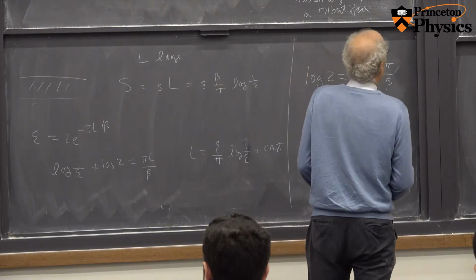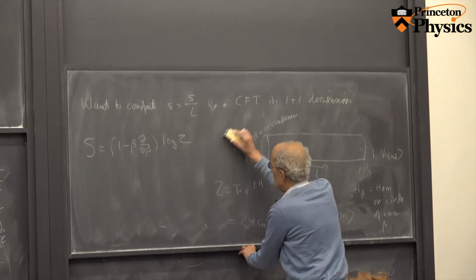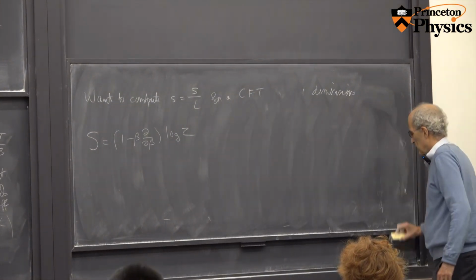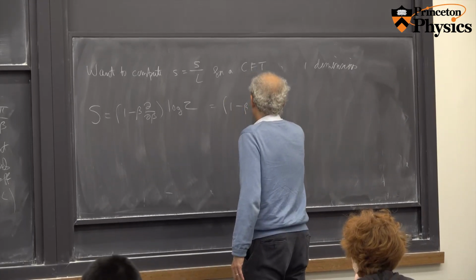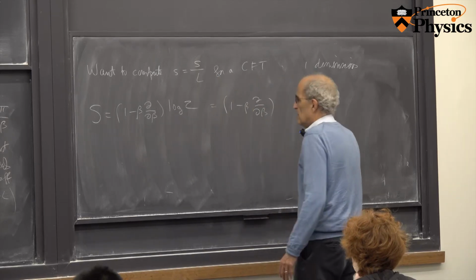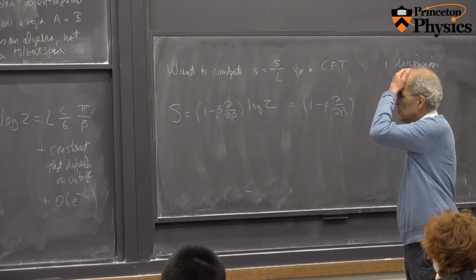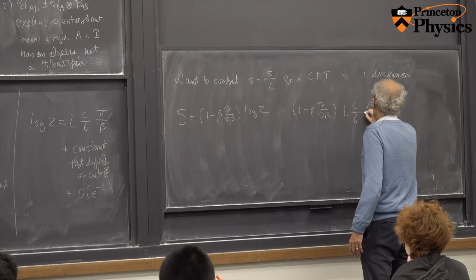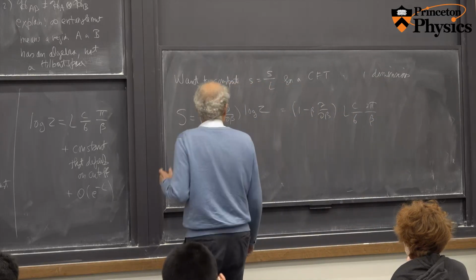So we can plug this into the formula for log Z. The entropy is 1 minus beta d by d beta of log Z, which is L times c over 6 times, oh sorry, pi over beta.